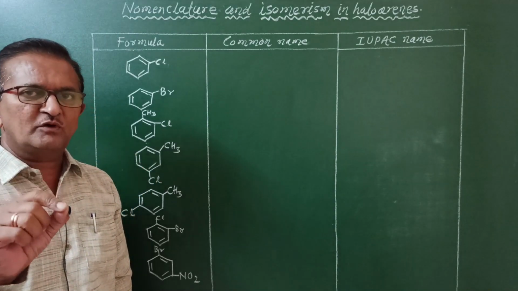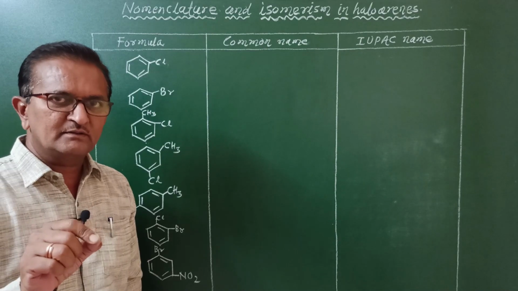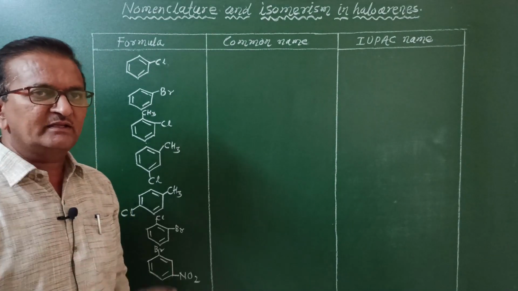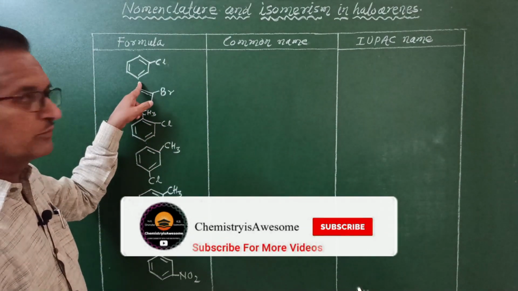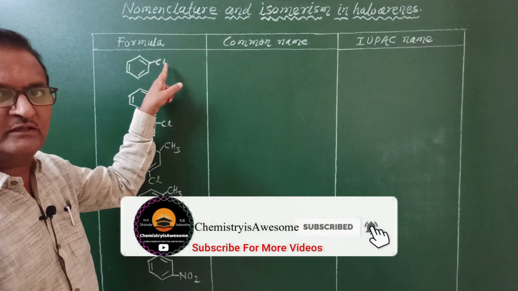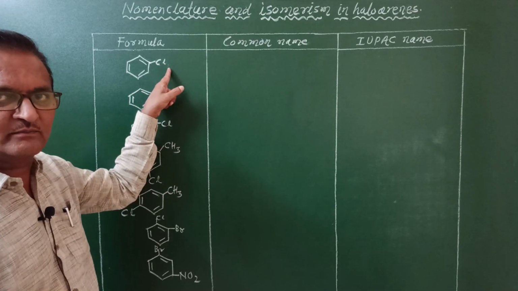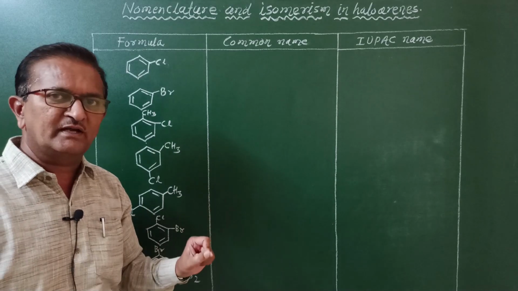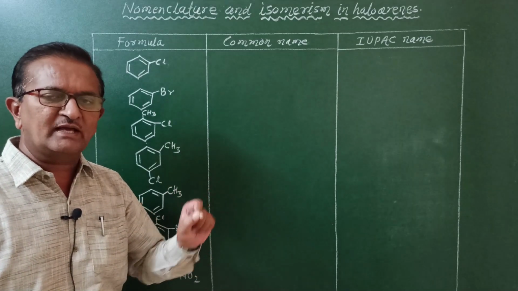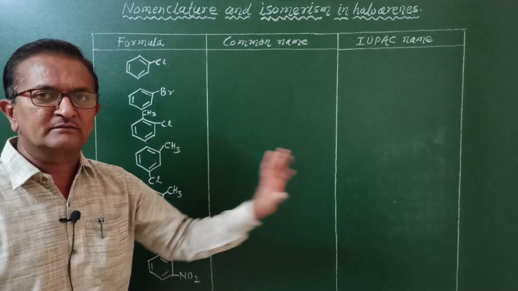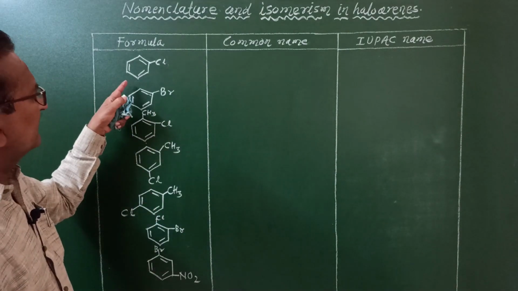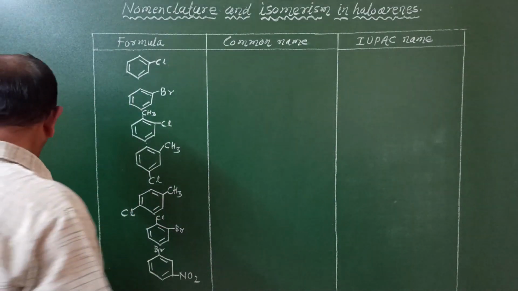The common name of monohaloarene is derived by writing the name of aryl group followed by the name of halogen atom. But the name of halogen atom is introduced as a halide. Therefore, what is the common name of the first compound?